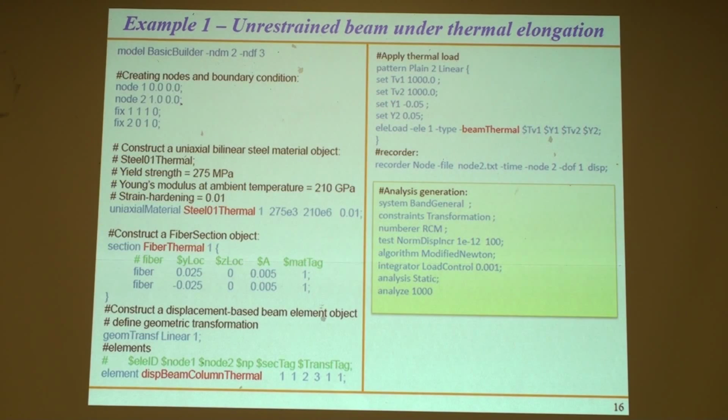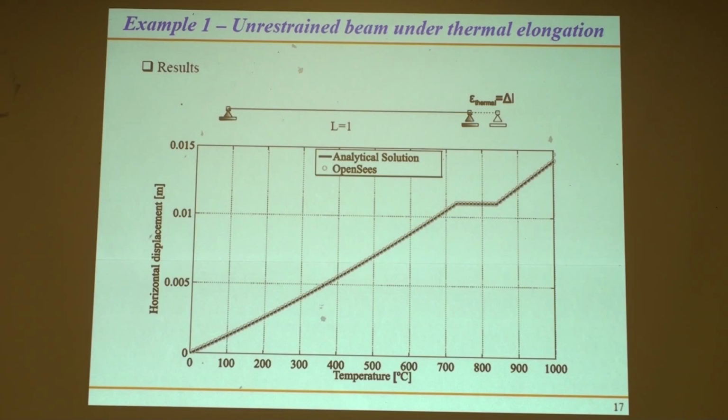So in the end, this is all the code that you need. You also have to provide the analysis in your analysis block. But this is the code that you need to run this very simple example. And for this example, you're going to have your thermal elongation. This is what I call here your horizontal displacement versus temperature.